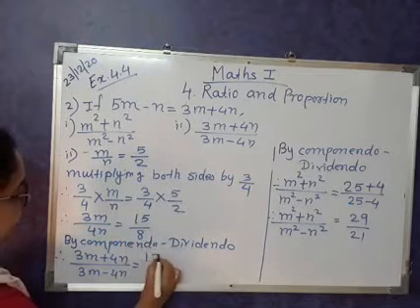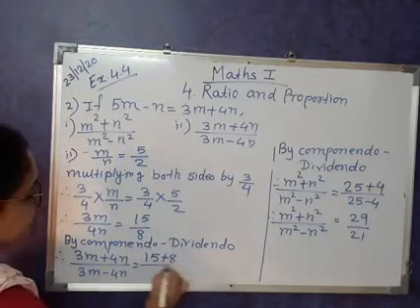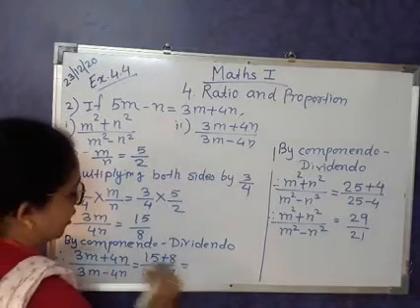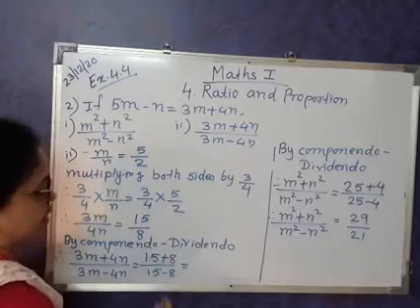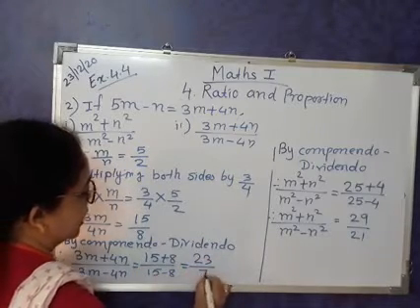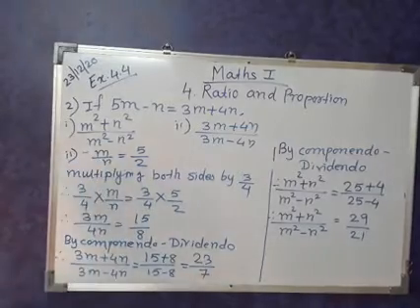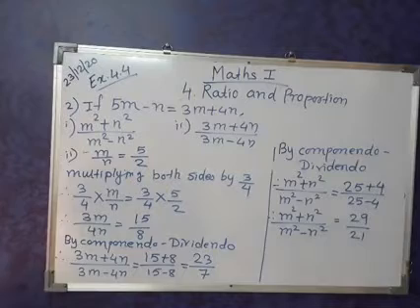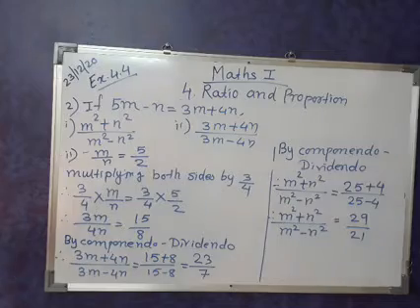So what will we get here? 15 plus 8 upon 15 minus 8, writing on the same line, but you have to write one below the other. So 15 plus 8 we get 23 upon 7. So the value of 3m plus 4n upon 3m minus 4n we get as 23 upon 7. Is it clear?